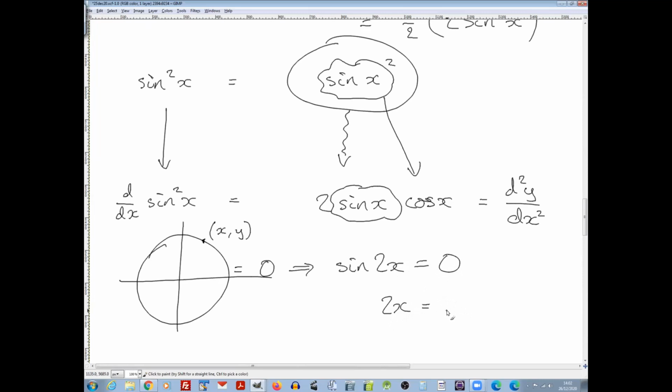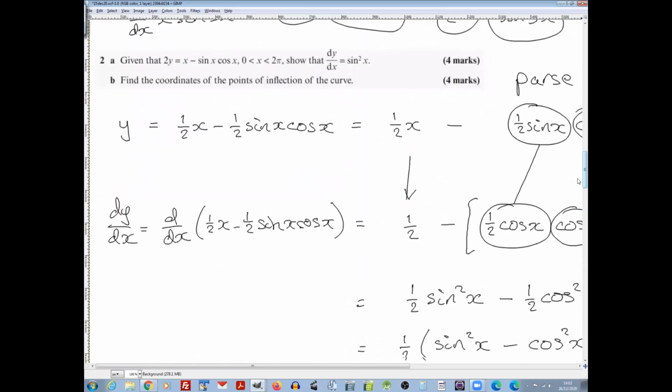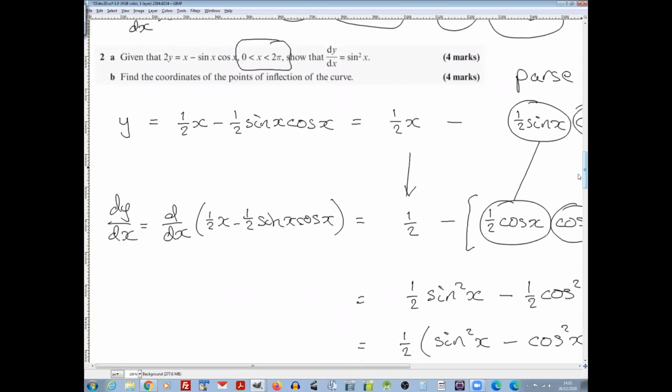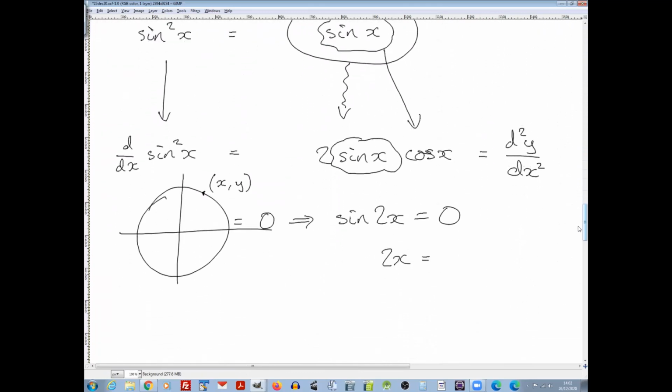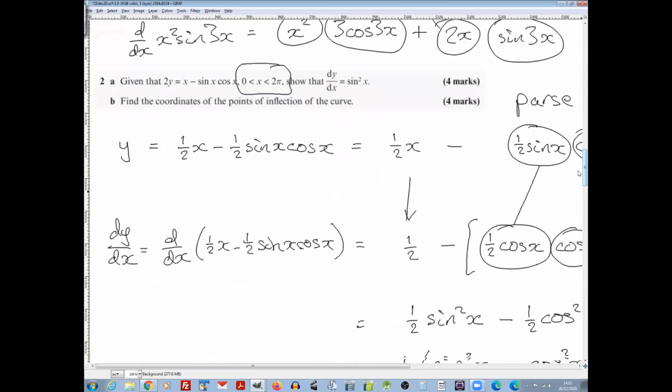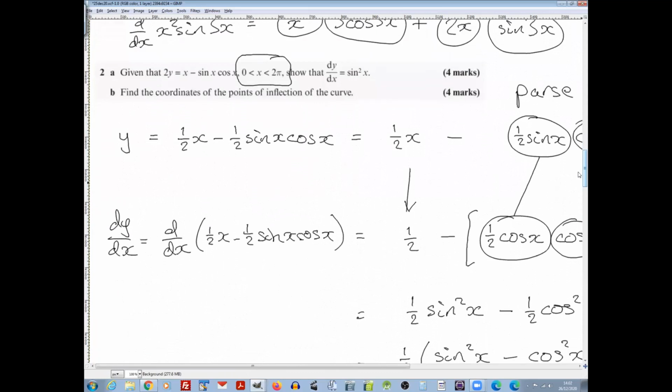Okay, so 0, 180 degrees. Yes, good. Now that's a point. They're in radians. So we'll say what? Pi. And 0.